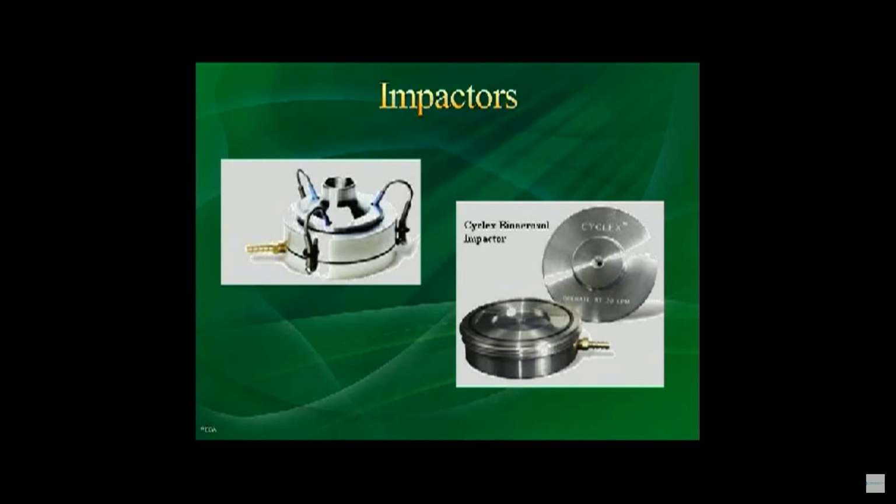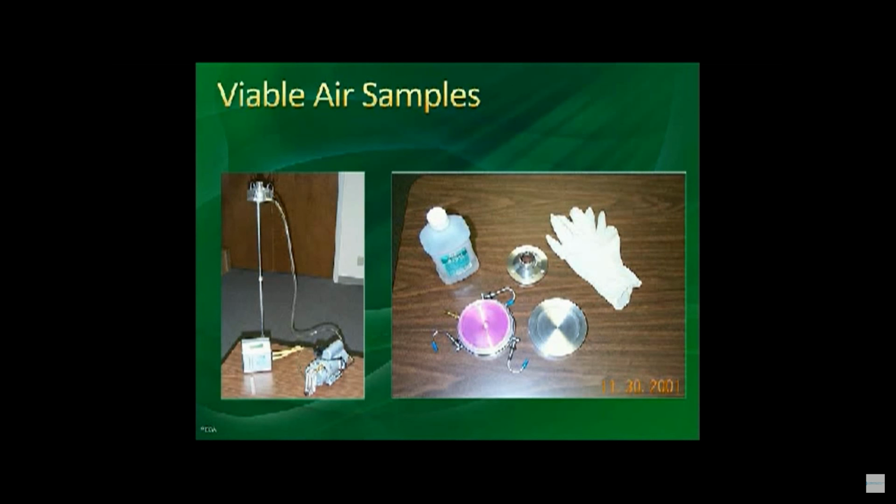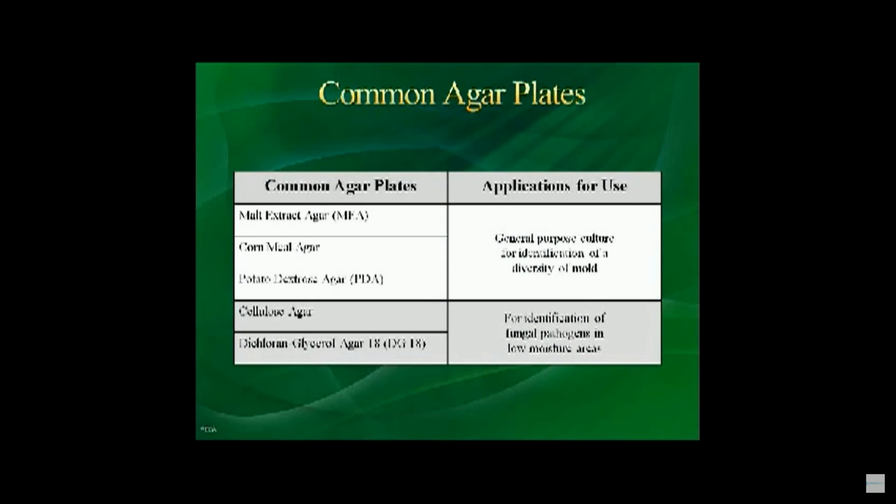There are about 200 little holes in there that impact it into an agar solution. This is a typical setup. These are the types of agar plates you have to use. It requires media. We won't go into absolute definitions of all these, but in general, you'll use either a PDA or an MEA agar solution.